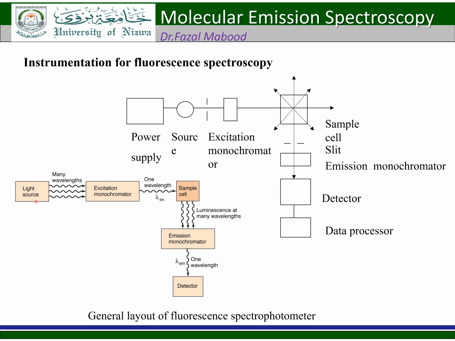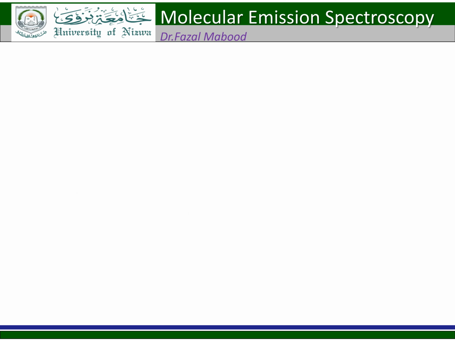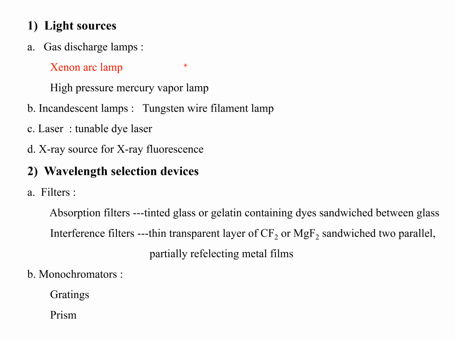So we have the light source, excitation monochromator, sample holder, emission monochromator, and the detector. Light source: xenon arc lamp, as in an arc lamp. Wavelength selection: filters or monochromators, grating or prism.